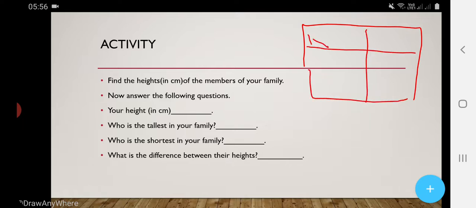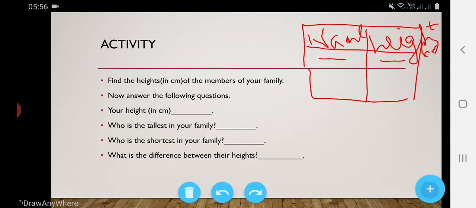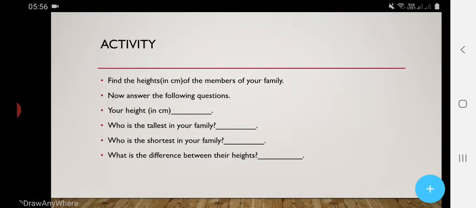First column, the name, and in the second column, heights. And the height should be in centimeter. Then write the names and their respective heights of the members of your family.